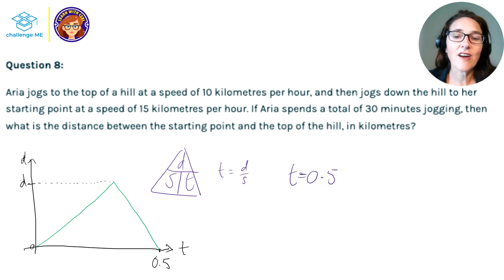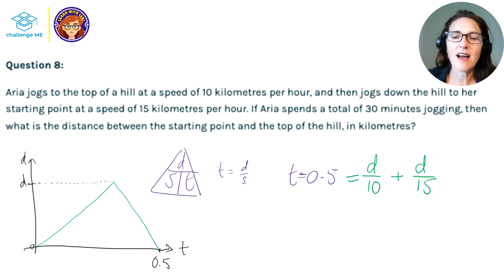We know that time is 0.5, and that has to be equal to our first leg of the journey, which is distance, which we don't know, divided by 10. And the second leg is the distance divided by 15.